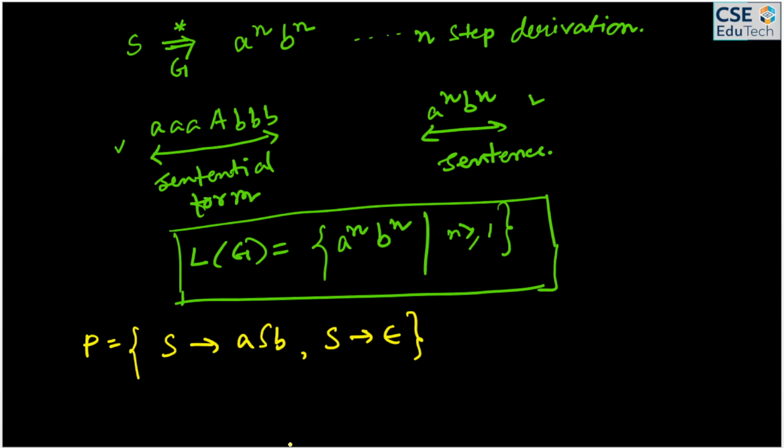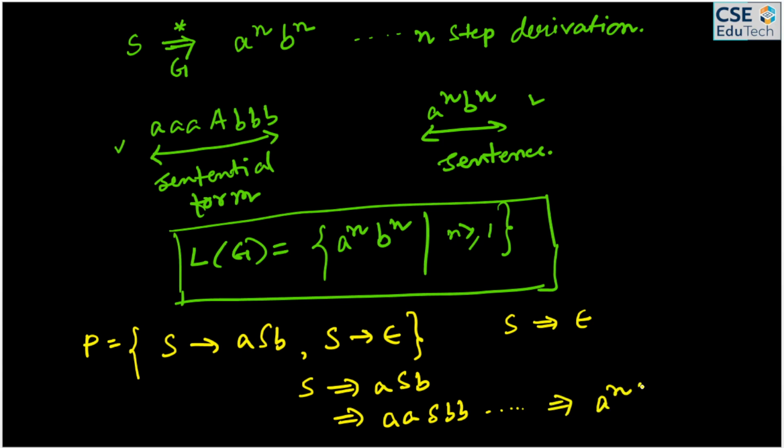Look here, the smallest string that is generated by this production rule, with all other symbols remaining the same, is epsilon. So from S, it derives epsilon, and from S, the first step derivation will be aSb, the second step will be aaSbb. So in this way, if we do, then the pattern will be like that: a to the power n, b to the power n.